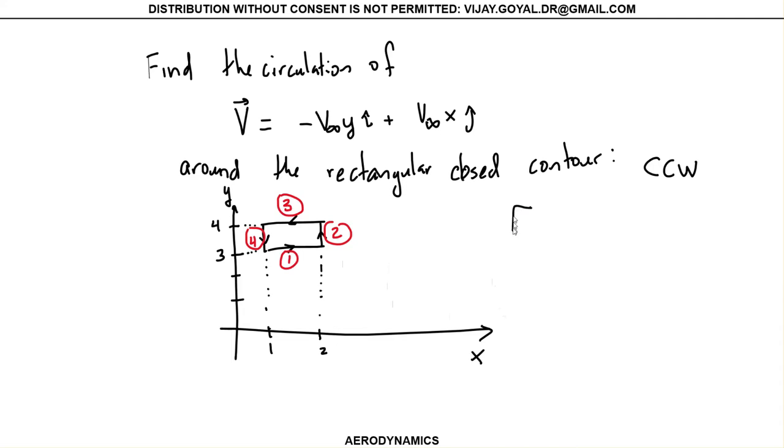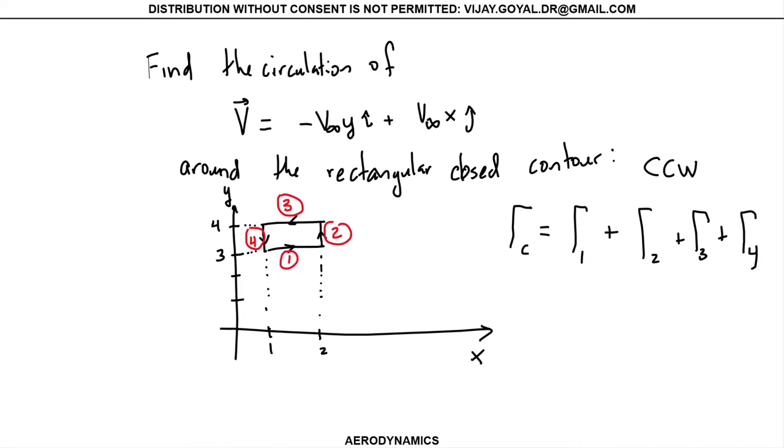Okay, so we know that the total circulation will be the circulation of this velocity field along line 1, along line 2, along line 3, plus along line 4.